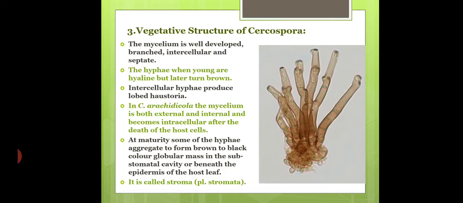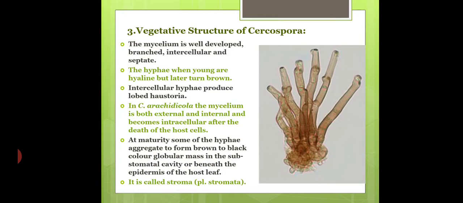At maturity, some of the hyphae aggregate to form a brown or black globular mass. It becomes a ball-like structure. In this photograph also, this lower portion is appearing like a clumped mass, in the substomatal cavity or beneath the epidermis of the host cell. So we can consider it as stroma.